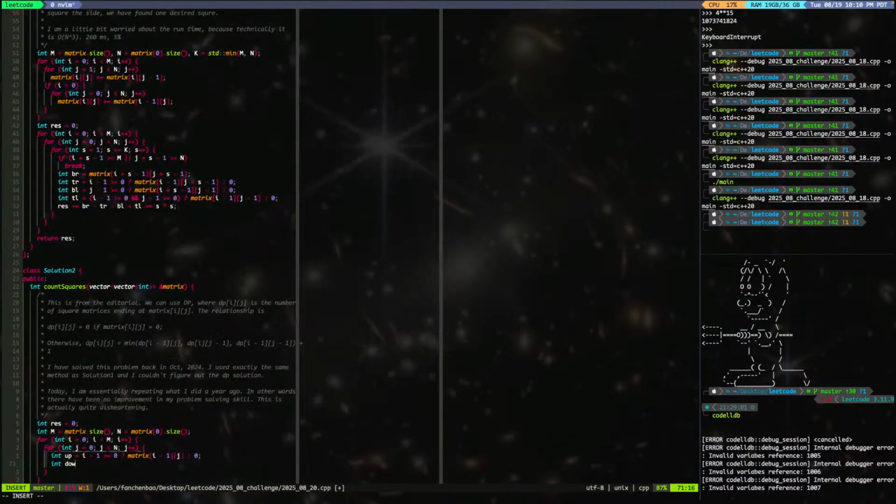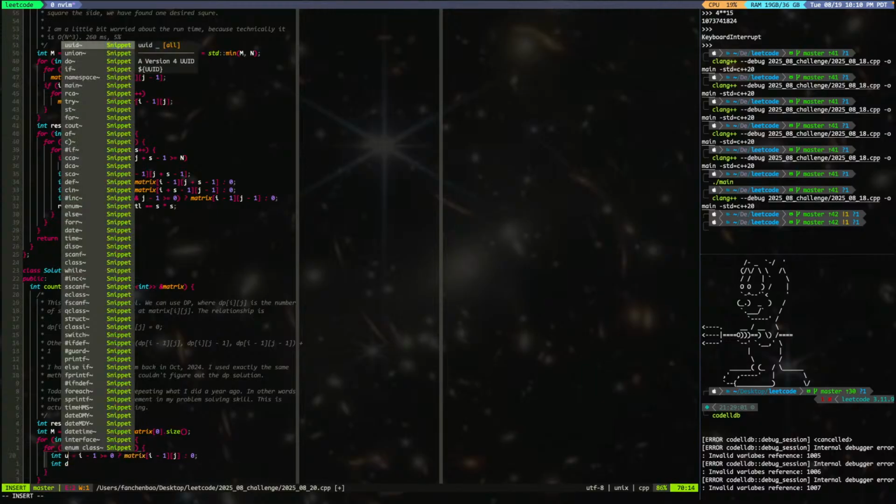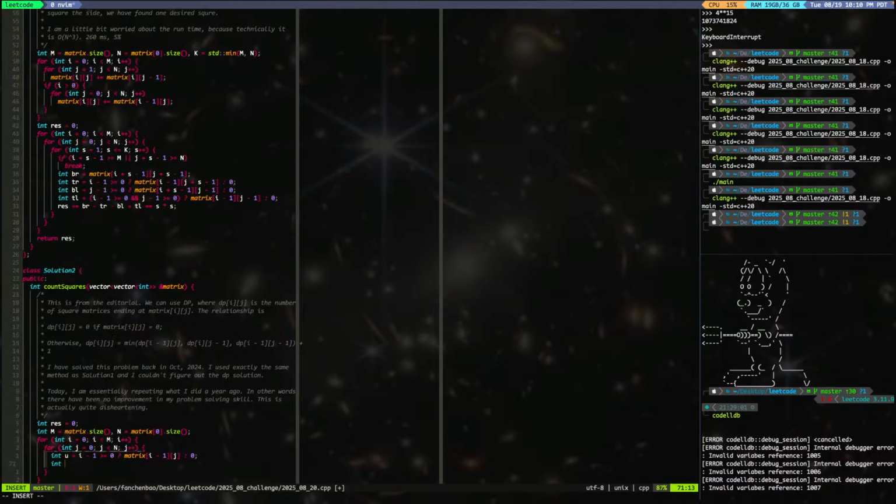Down. Ooh, can do this. Actually no. Up, down, diagonal. Oh, it's not down. Up and left, j minus 1. Right? And then we have diagonal.